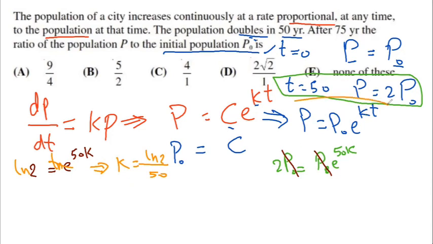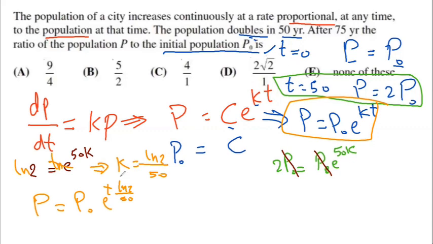Now we can sub that back into our differential equation, and we have p equals p naught e power, instead of k we write ln 2 over 50, and we have t, don't forget.